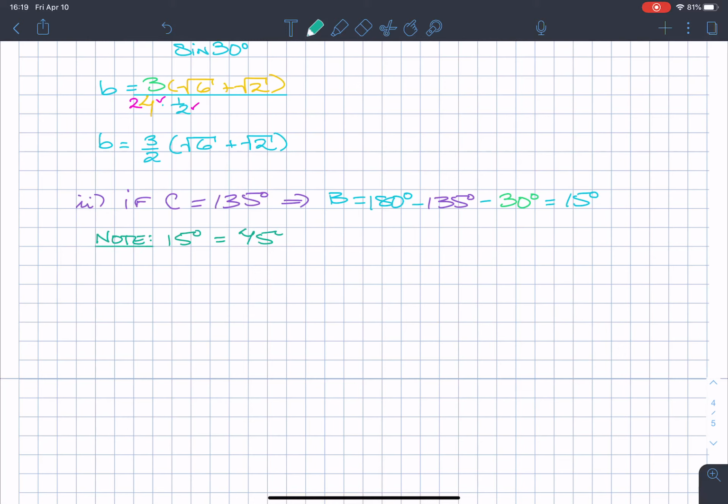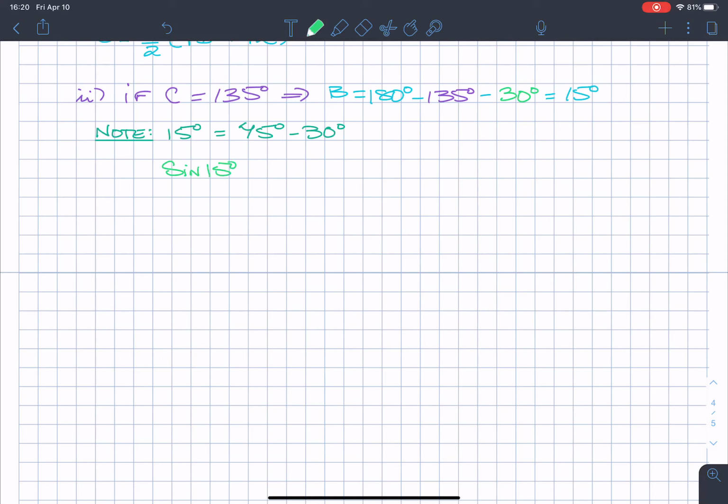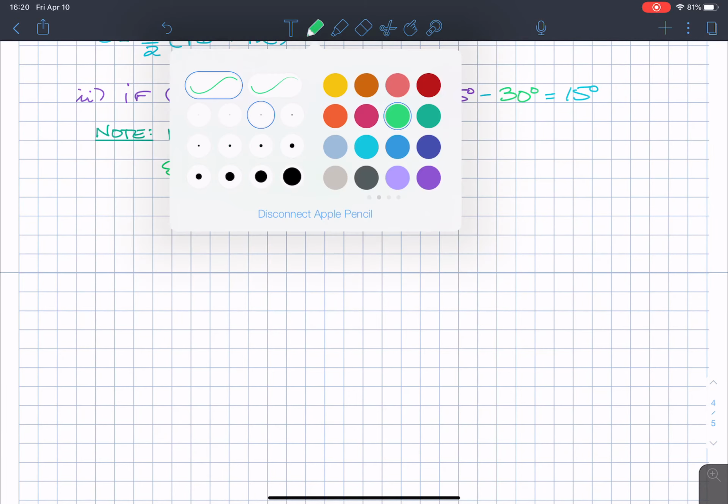So if I have sine, what color should I use? Let's use green. If I have sine of 15 degrees, I can write that as sine of 45 degrees minus 30 degrees, which will be sine of the first, sine of 45, times cosine of the second, 30, minus, because it's sine so the signs correspond, sine of the second, 30, times cosine of the first, 45.